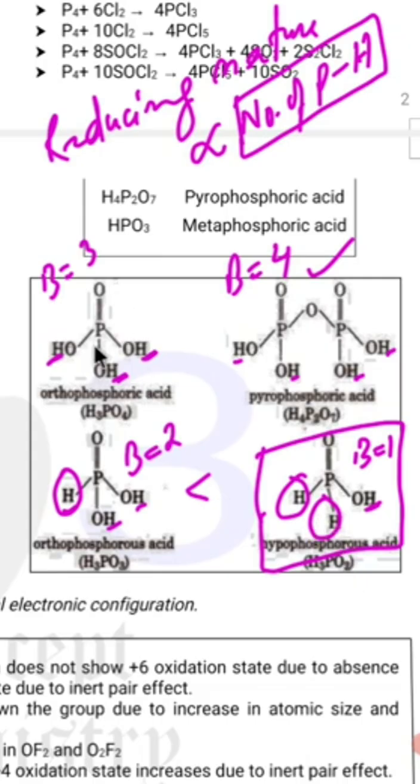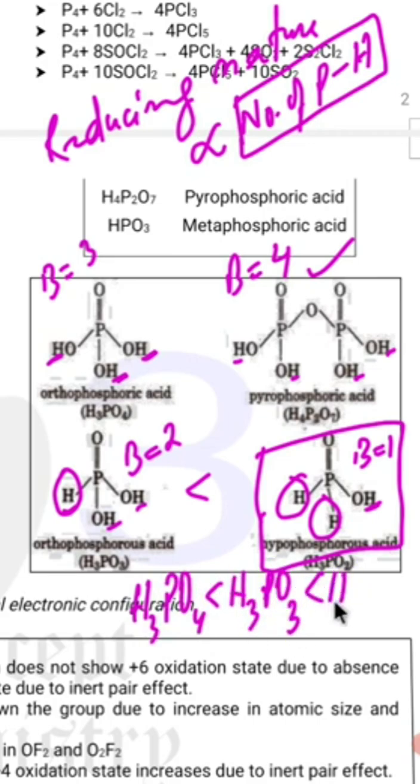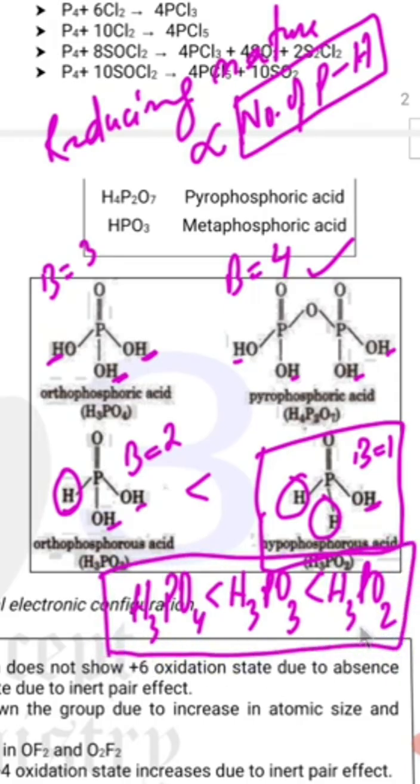Okay, while the order can be like this: H3PO4, then H3PO3, then H3PO2. This will be the increasing order of reducing nature of these oxoacids.